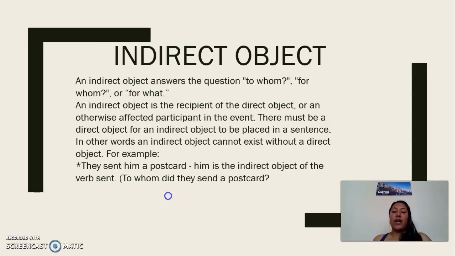In other words, an indirect object cannot exist without a direct object. For example, they sent him a postcard. Him is the indirect object because it answers the question, to whom did they send a postcard? And the answer is to him. So him is the indirect object.